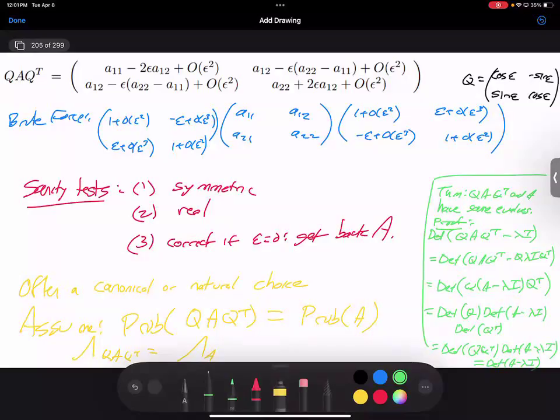And that's why I'm going to impose the condition that I want the probability of Q A Q transpose to be the same as the probability of A. We've defined the probability of a matrix as the product of the independent probabilities. But I want it to also satisfy this property.